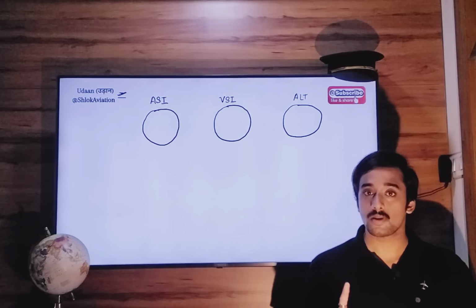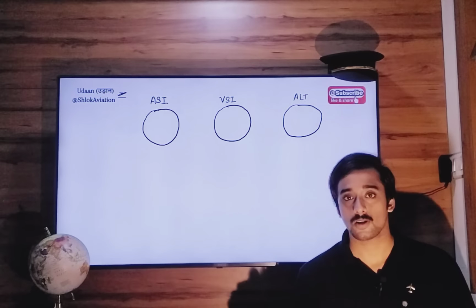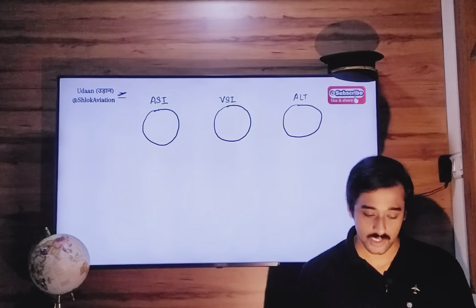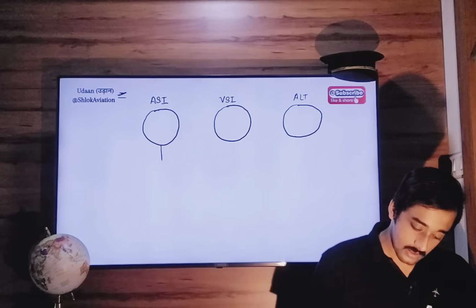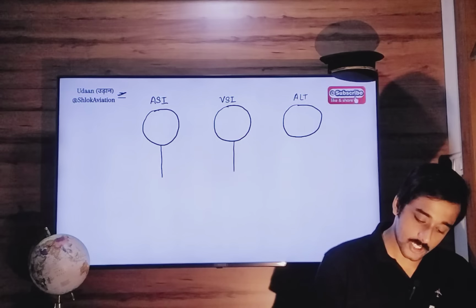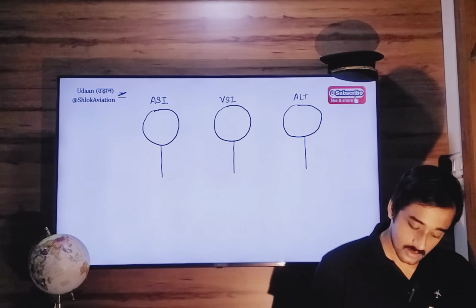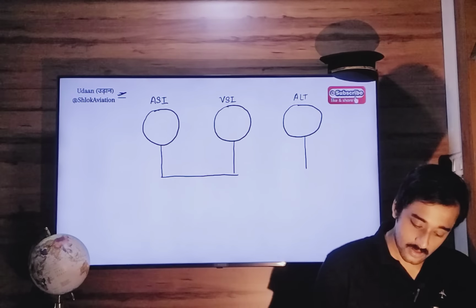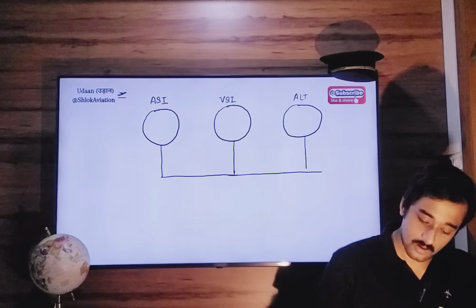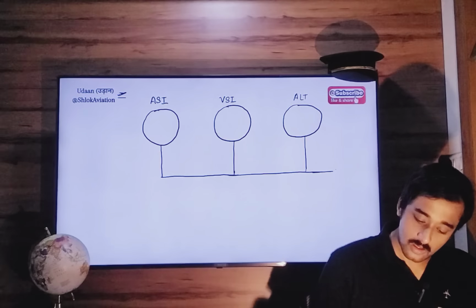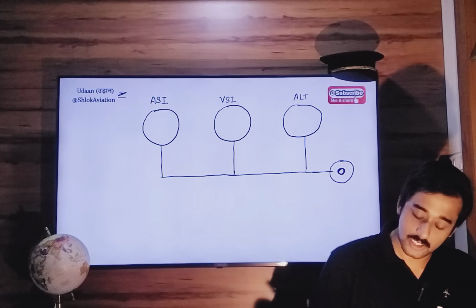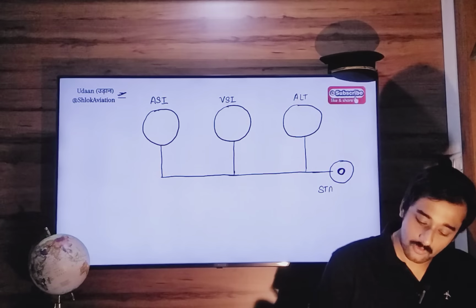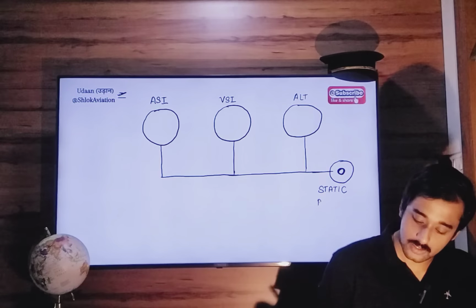All these three instruments depend on static pressure for their operations. So let's draw a static pressure line. So let's say this is the static pressure line. All these three instruments depend on static pressure for their operations.